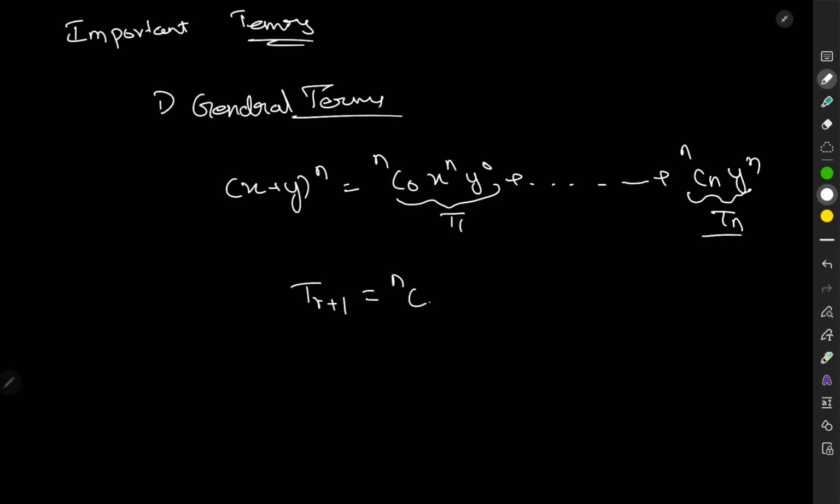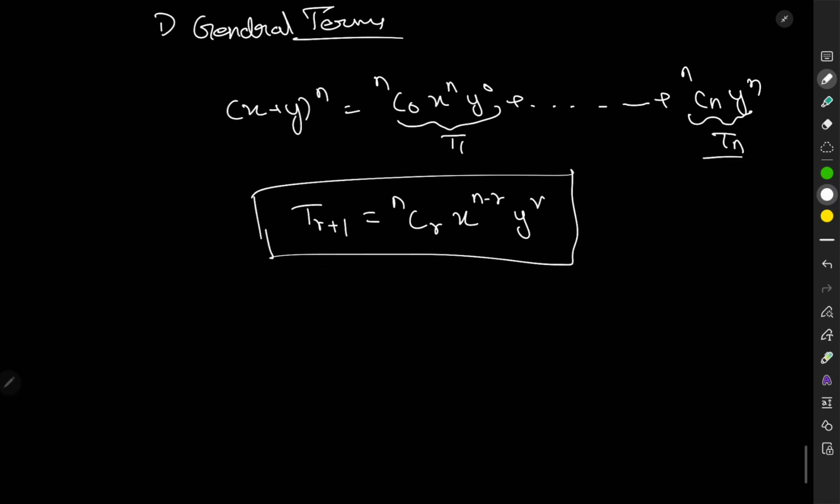nCr x^(n−r) y^r. This is the general term, and remember r is taken from 0 to n. For example, if we need to find t6, then we should write it like this, and this is r, right?